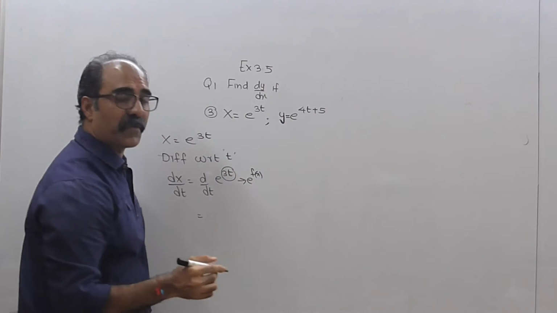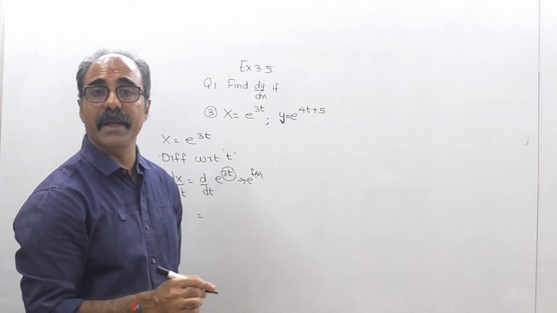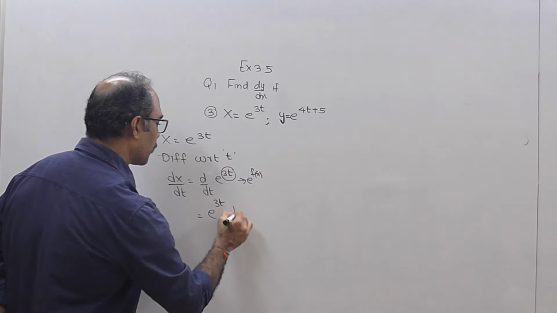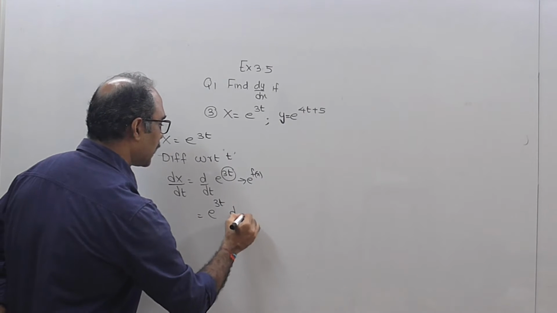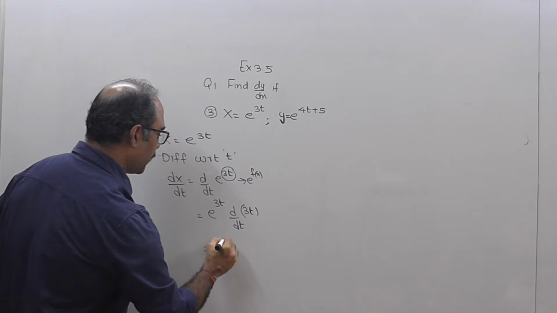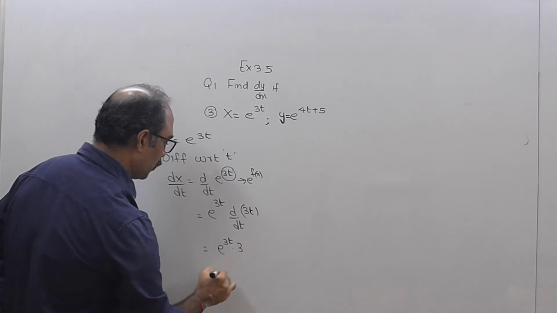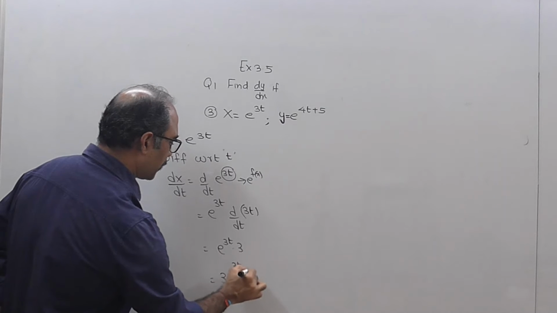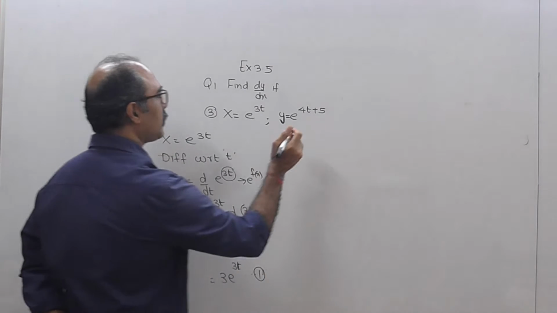The derivative of e raised to f of x is e raised to f of x into d by dx of f of x. So this will be e raised to 3t into 3. Therefore the answer is 3 e power 3t, name it as 1.